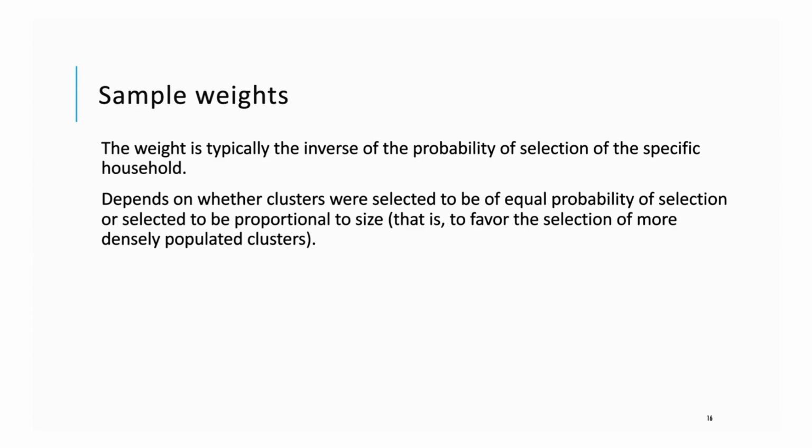The sample weight is typically just the inverse of the probability of selection of each individual unit in our target population. If all the clusters had equal probability of being selected, then the probability of the units in each of the clusters will be different unless the clusters are of equal size.